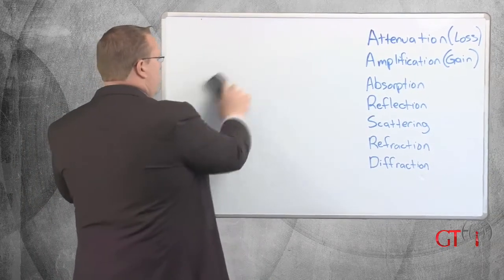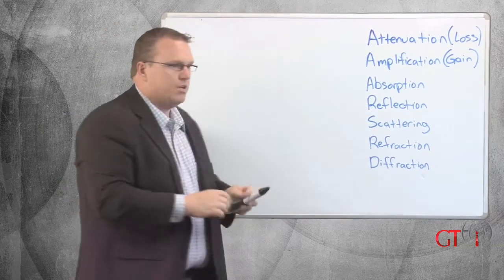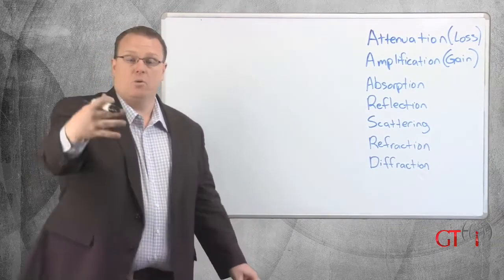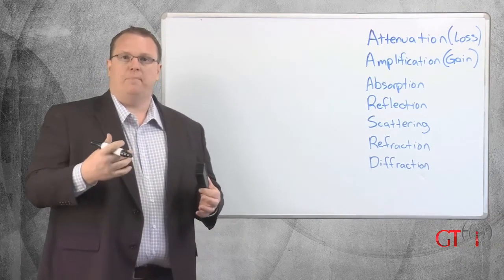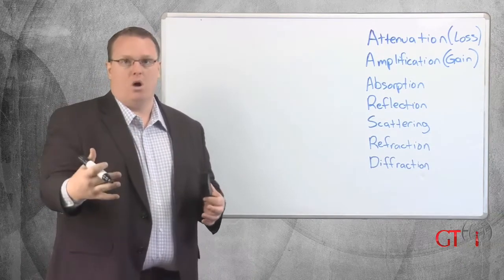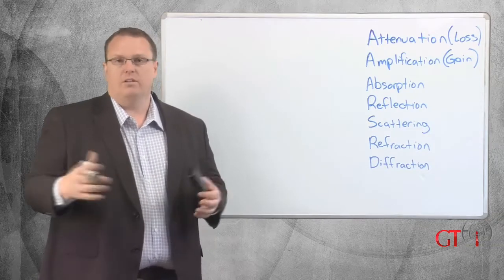Another RF property, absorption. This seems pretty simple. If you have light going into a black cloth, where does it go? It absorbs it. What happens when signal goes through drywall? It absorbs it. Part of it, not all of it.